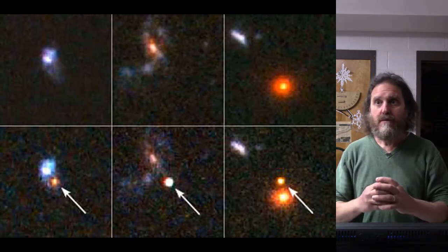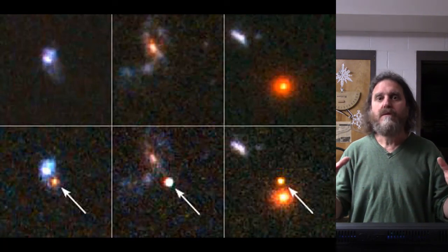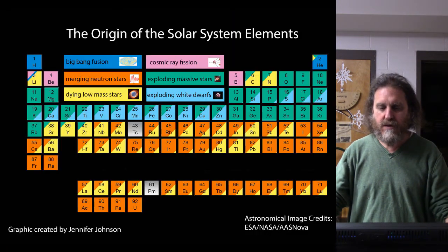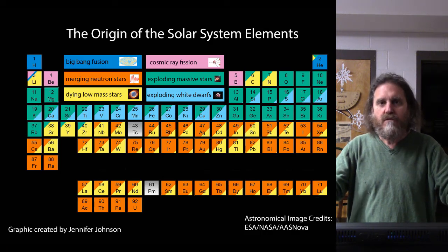And there's even more thermonuclear processes that occur during the explosion. And this is actually where we get most of the elements of the periodic table. Here's a periodic table that is color-coded for what is presently thought to be the origin of the various elements.